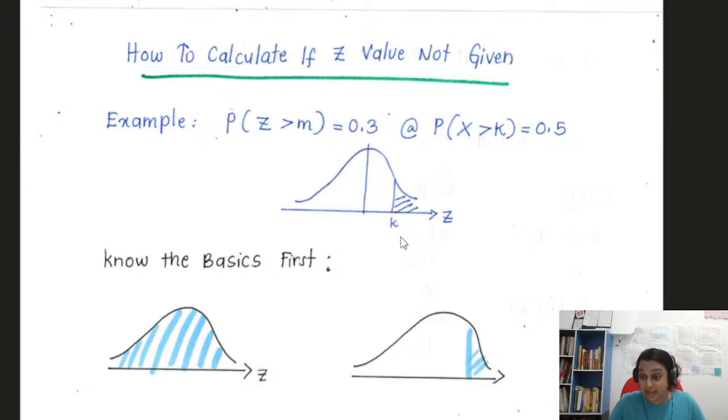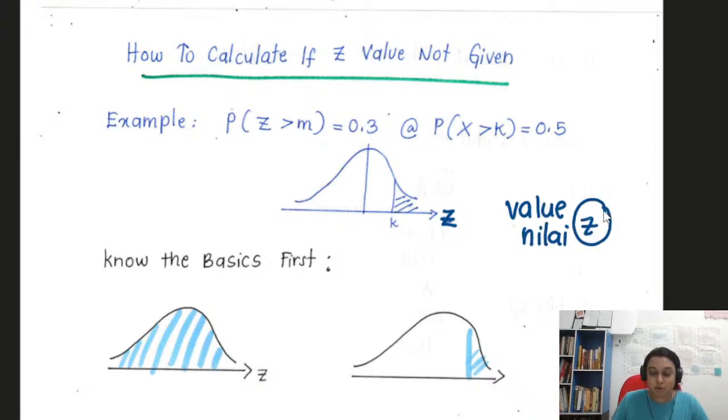Z is always your axis. Your x-axis is the Z. So, whenever you want to find the value of Z, you must always see from the table. Which part of the table you must see?